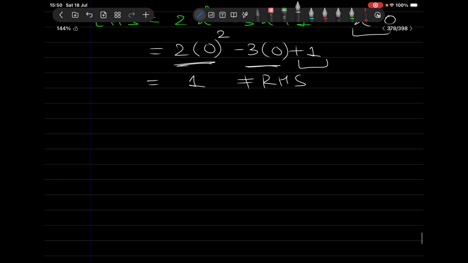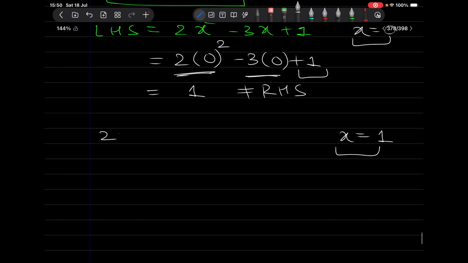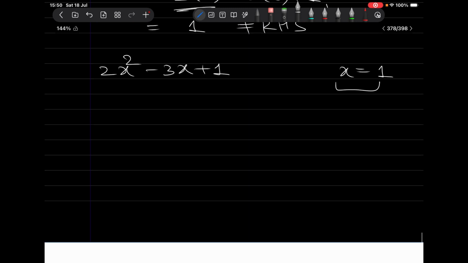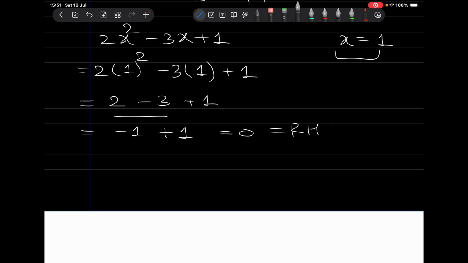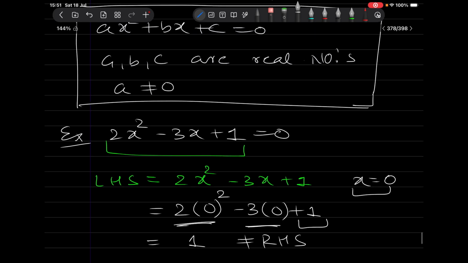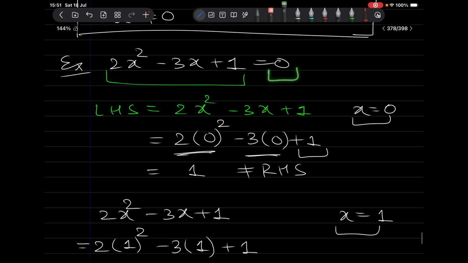If we replace x by 1, we have 2 into 1 whole square minus 3 into 1 plus 1, that is 2 minus 3 plus 1, that is minus 1 plus 1, that is equal to 0, and that is equal to the right hand side of the equation.